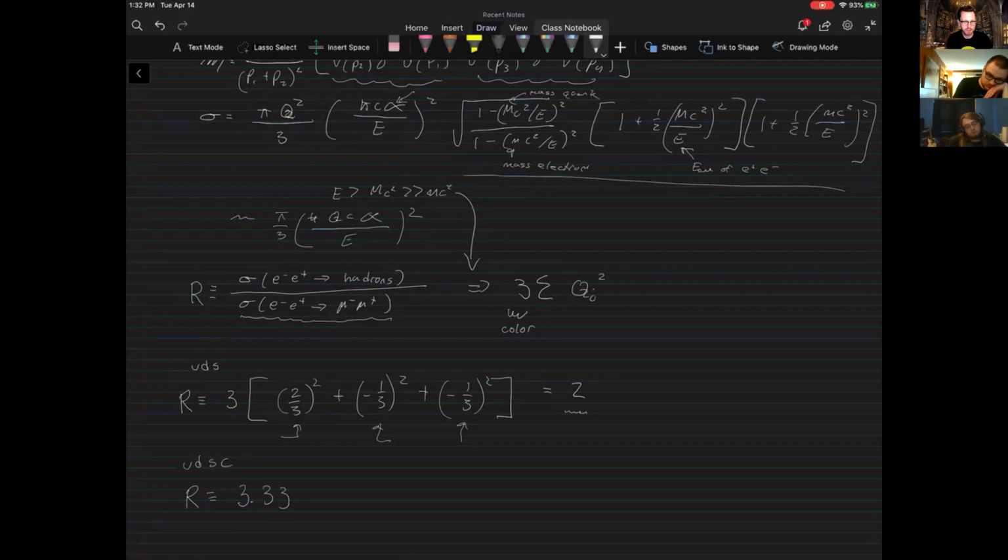It has to increase. And if I keep turning up the energy, I'll be able to create the tops and the bottoms, and that would alter it as well. So that's something fun to look for in experimental data. Do I see these ratios? If the idea that I have fractionally charged objects inside of my protons is right, I should see these relationships in these experimental measurements.